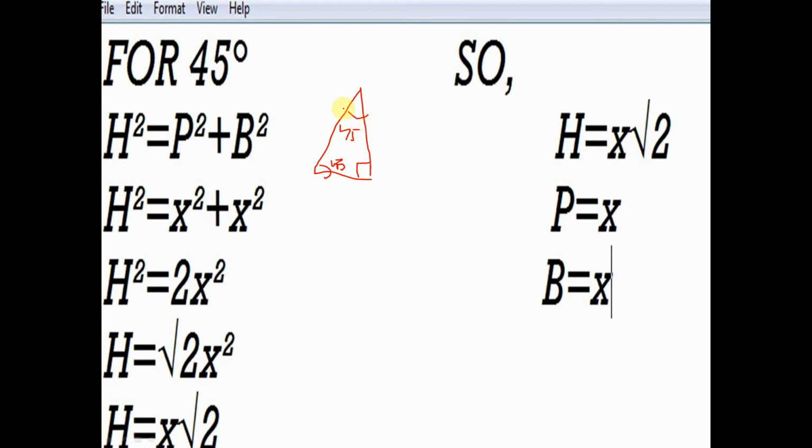So this triangle is a right angle triangle, 45 and 45. This is the hypotenuse, this is the base, and this is P, meaning perpendicular. So we will take B and P as X.